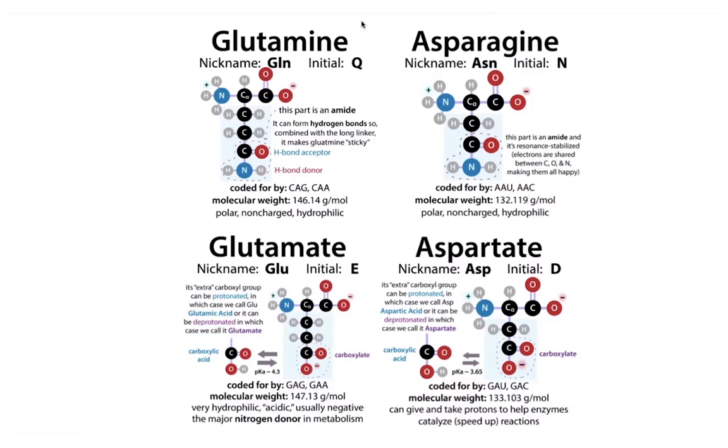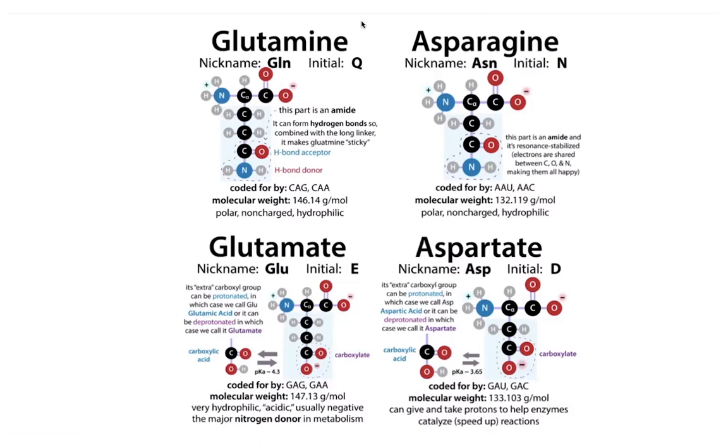And you're going to have an amide group at the end of glutamine versus a carboxylic acid group at the end of glutamate. But for each of these, remember that the one that is longer is the one that has the name further in the alphabet. So that would be our glutamate and our glutamine, which have 3 carbons after the alpha carbon, as opposed to your asparagine and aspartate, which only have those 2.